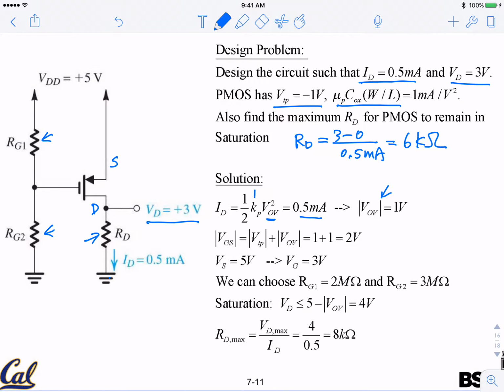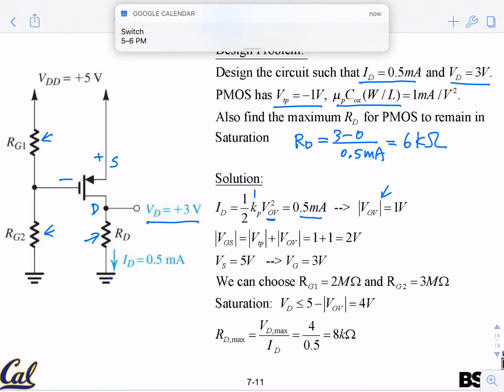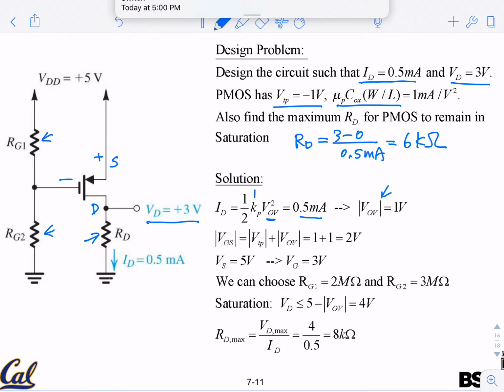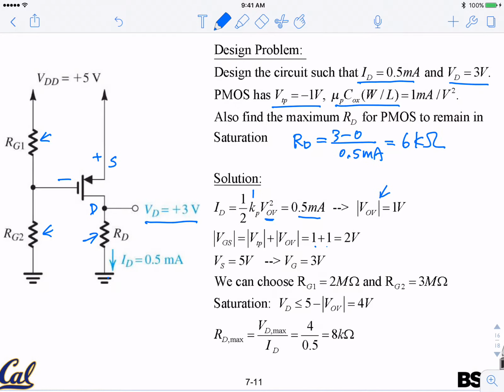I know that the source is always higher than the drain, so this avoids tracking the sign. I know the overdrive is 1 volt, and the threshold voltage is 1 volt. So my absolute VGS is 1 plus 1, which is 2 volt.